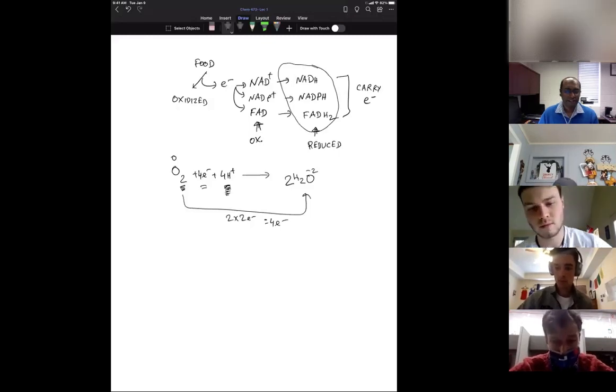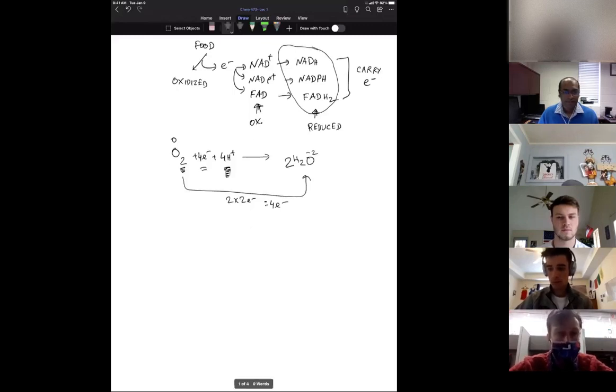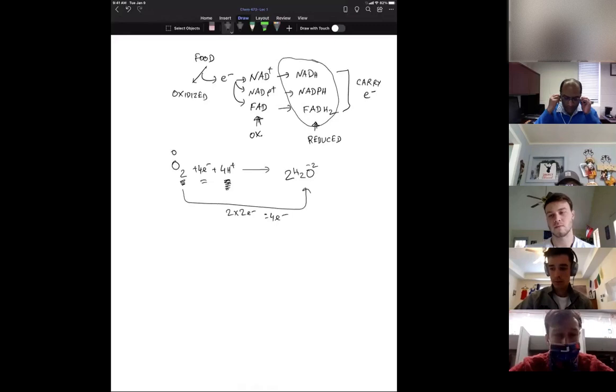Right, so oxygen and electron combined will make water, and then proton pumping in the process is what makes ATP. Right? Makes sense? So that's sort of a general theme.